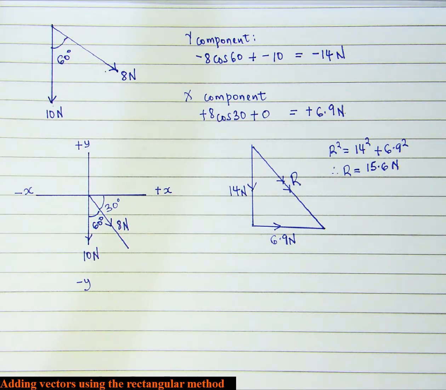Once again, because it's a vector, we must have a magnitude and we must have a direction.